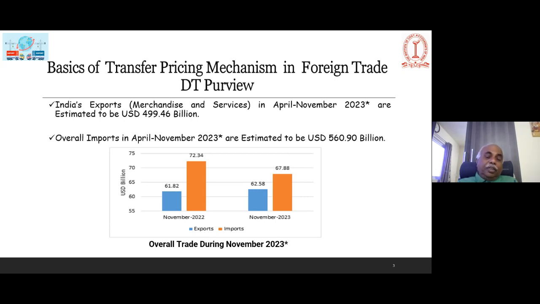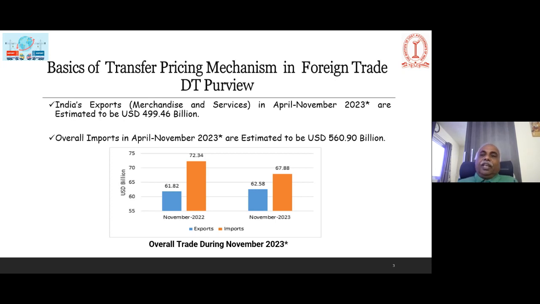At the same time, imports for April to November 2023 are estimated at 560.90 billion. They mention estimated because they have not yet arrived at the conclusion. These are the latest figures announced by the Minister of Commerce for overall trade up to November 2023.